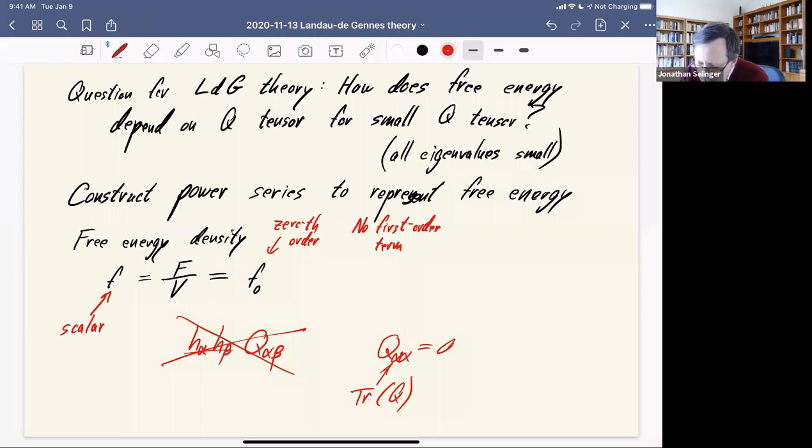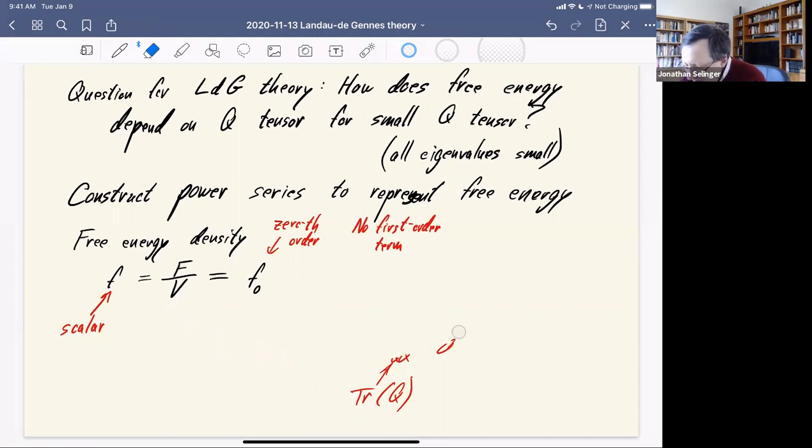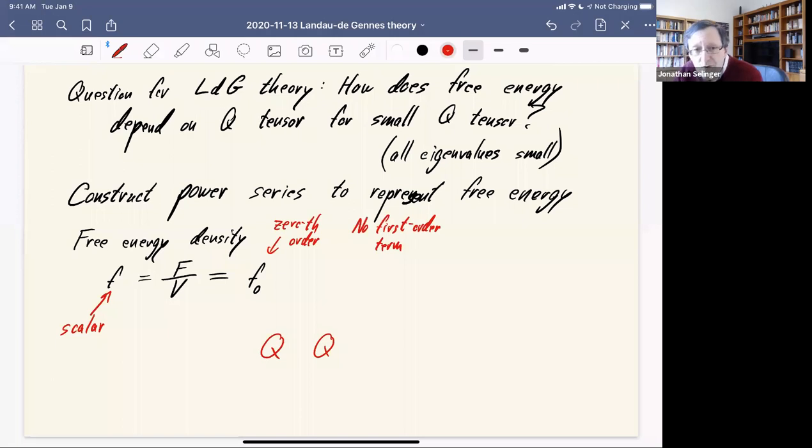So let's move on and think about, well, can there be a second order term? For a second order term, that is something which has two powers of Q. Can we make a scalar out of two powers of Q? In fact, we can, right?